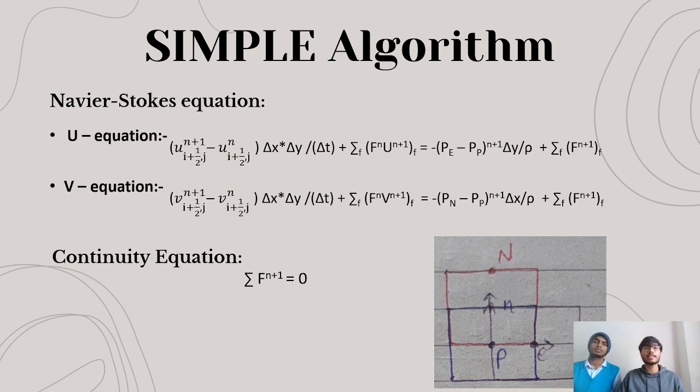We are using mass flux at nth iteration instead of n plus 1th iteration as it results in linearization of the non-linear convective term, decoupling of u and v equations, and it helps to fix the direction of upwind.